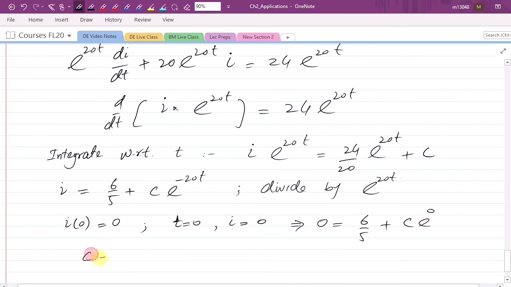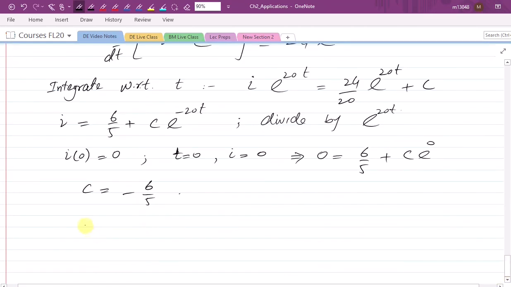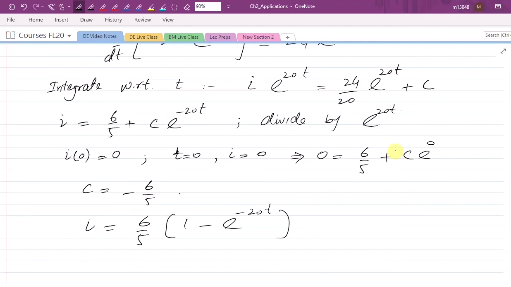So that gives us c equals minus 6 by 5. I becomes 6 by 5 times 1 minus e power minus 20t. Just take the common: c is minus 6 by 5, so take 6 by 5 common. And that completes our problem.